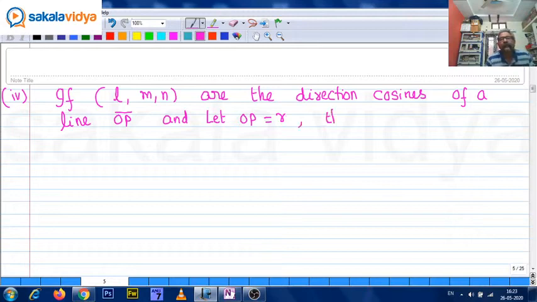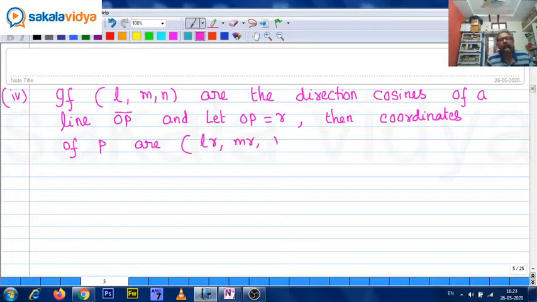Then the coordinates of P in space are LR, MR and NR.